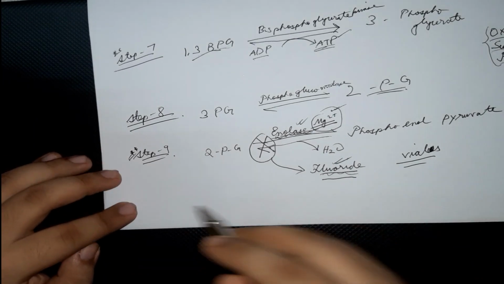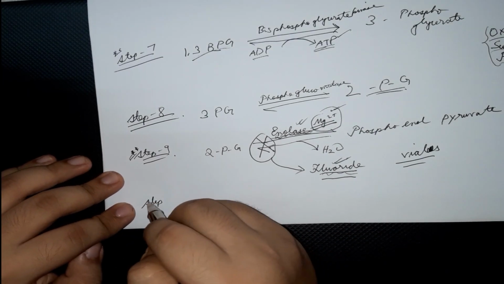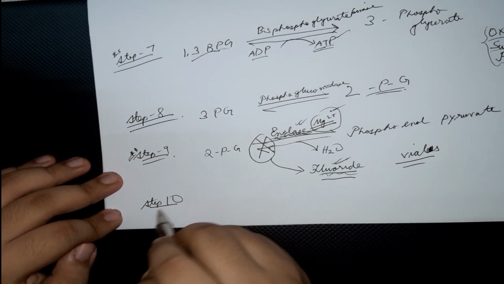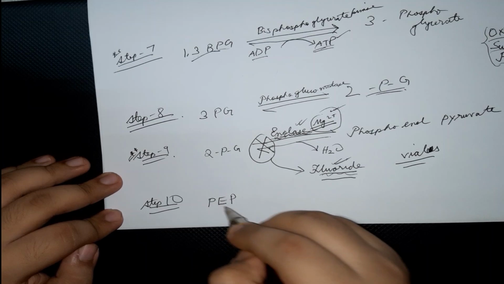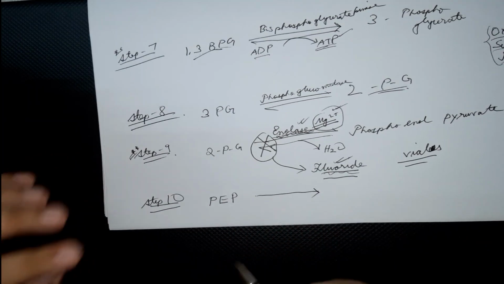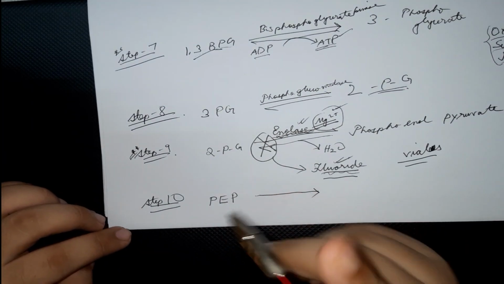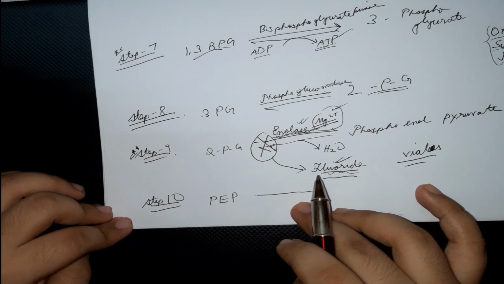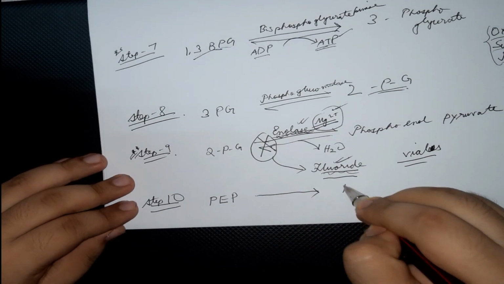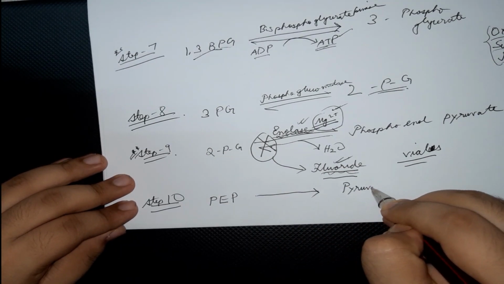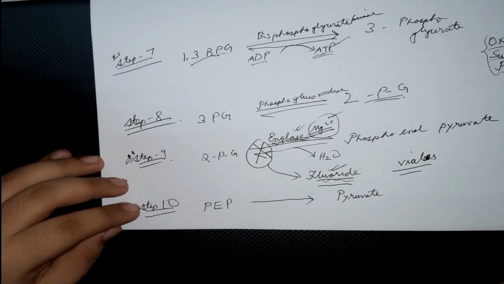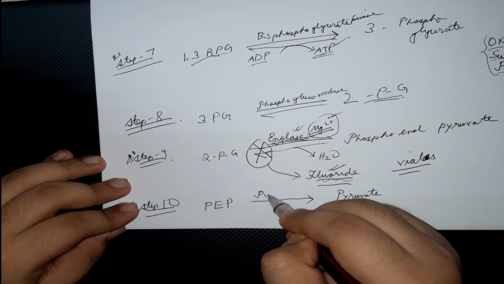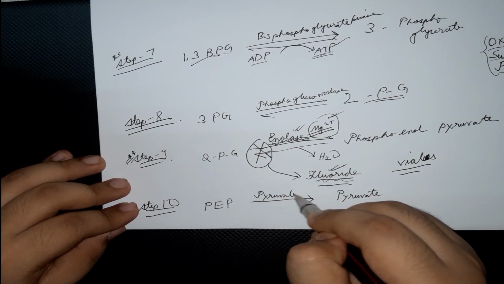Now let's talk about the last step of glycolysis, step 10. Phosphoenol pyruvate will be irreversibly converted, so again we get an irreversible step, to pyruvate, and the enzyme is pyruvate kinase.